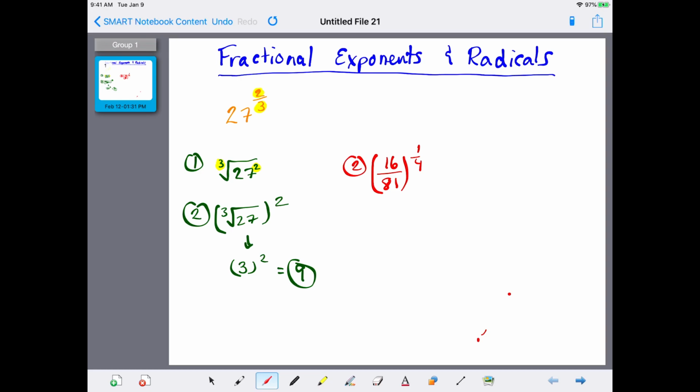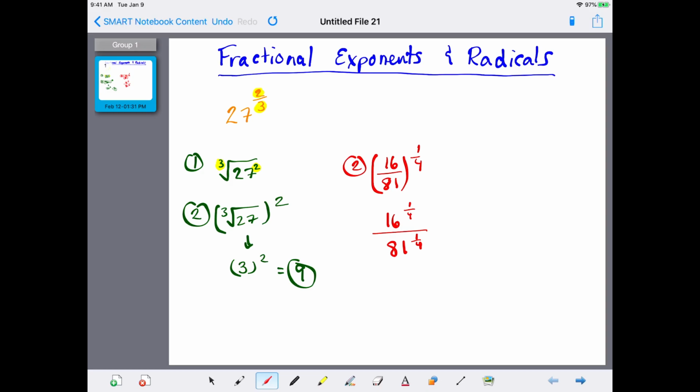Basically what we're saying is if we have a quotient, we can raise both the numerator and the denominator to the exponent that's on the outside. And now we can evaluate each part.